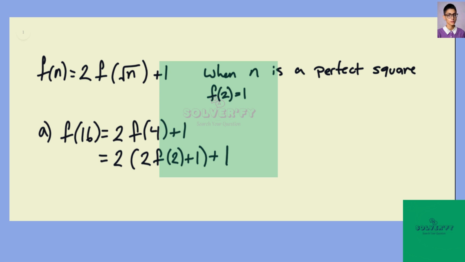And we know f(2), so now we can just calculate this. It's going to be equal to 2 times 1 plus 1 plus 1, which is 7. Okay, so 7 is the answer for part A.